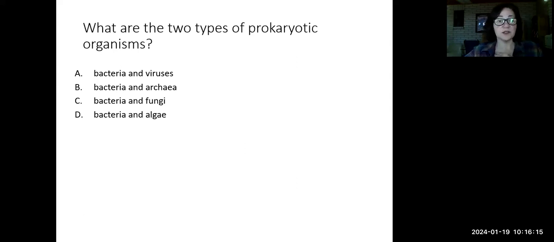Look back at your notes if you need to. And if you're thinking to yourself, well, that's the bacteria and the archaea, then you are absolutely correct. These are the prokaryotes. They don't have nuclei in their cells, but they are cellular.